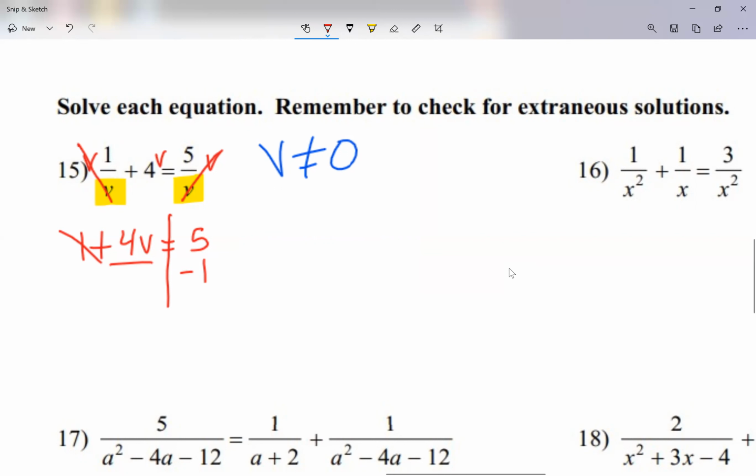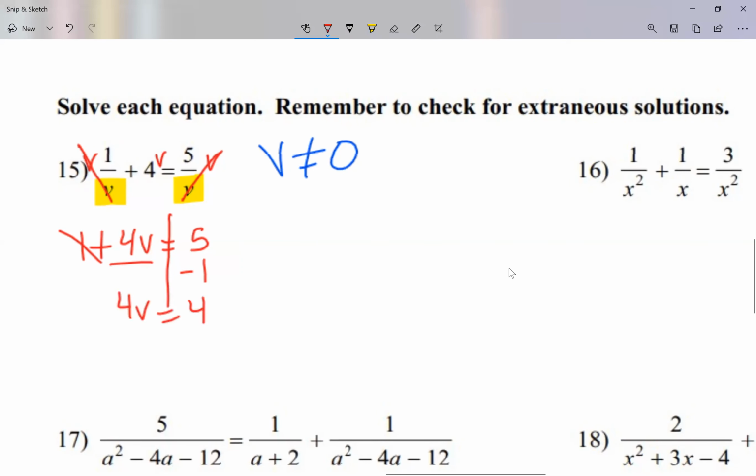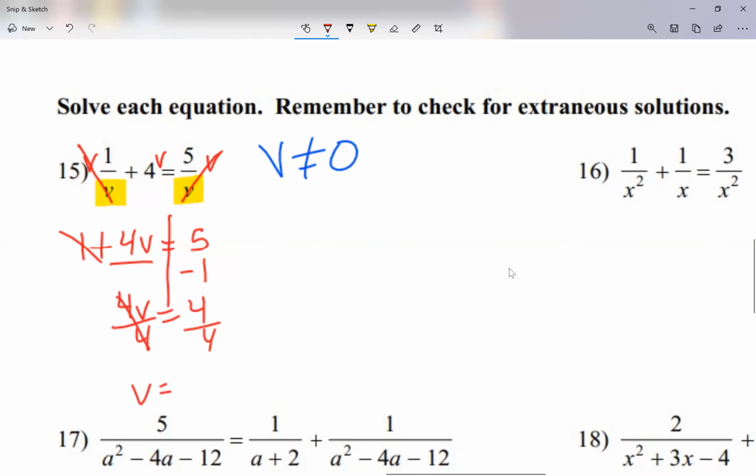If it was negative, I would move it to positive. So again, letters on one side, numbers on the other. So I have that 4V is equal to 4, right? 5 minus 1 gave me 4. To get the V by itself, let me divide both sides by 4. So V is equal to 1. I cannot accept 0, but 1 is okay. So my solution is 1.